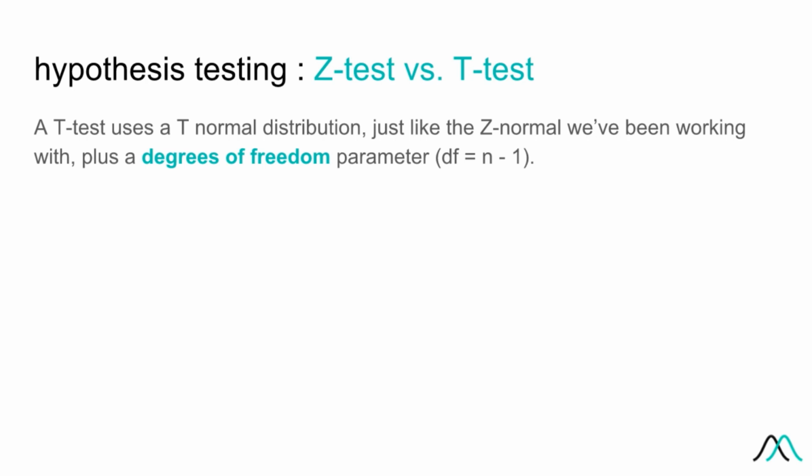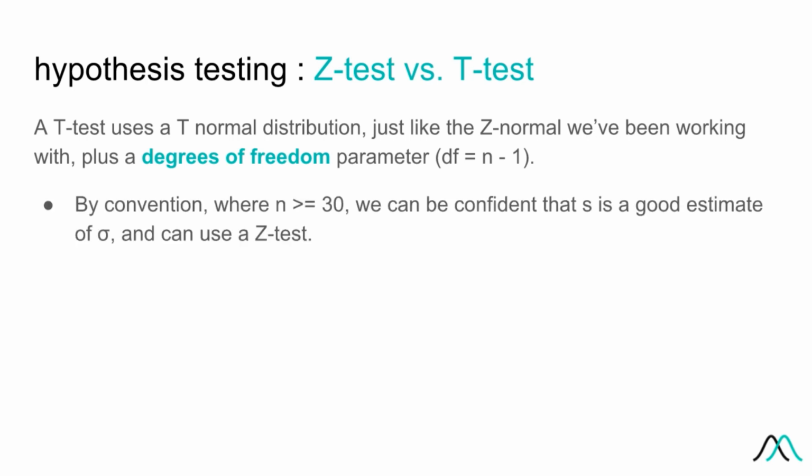So you'll have to take my word for all that, because we're not going to dive into the math at this point. But the takeaway is, where n is greater than or equal to 30, we can be pretty sure that we've sampled enough so that s is fairly representative of sigma. And this switch at 30 to using a z-test instead of a t is conventional.